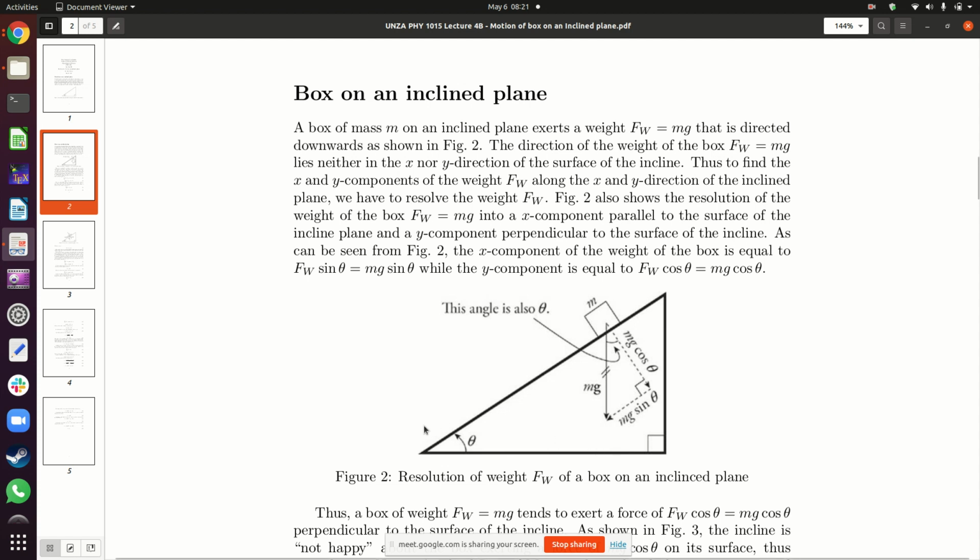We are going to choose the direction which is along the incline, or parallel to the incline, to be our horizontal direction. In other words, along the incline, that is what we are going to choose as our x-axis, or horizontal direction.